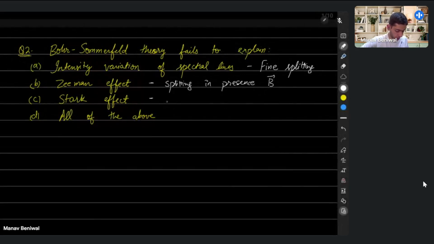Similarly, we observe a splitting in the presence of an electric field, and this is known as the Stark effect. Both these phenomena are also not explained by Bohr-Sommerfeld theory. So the correct answer is all of the above.